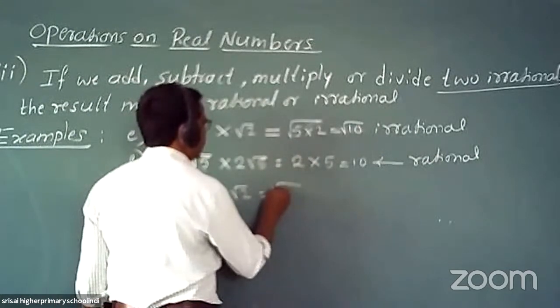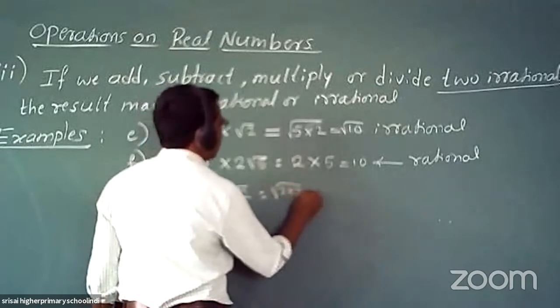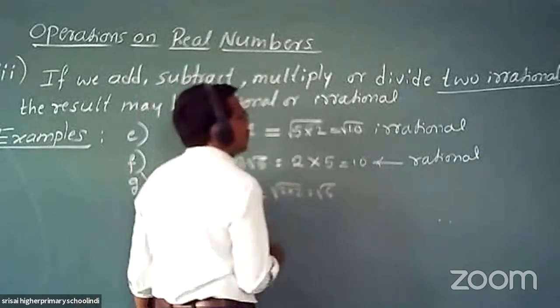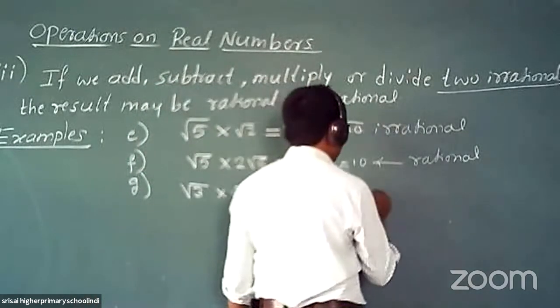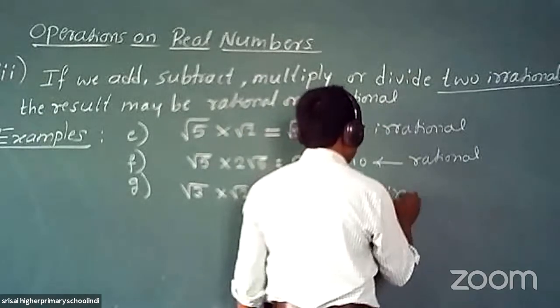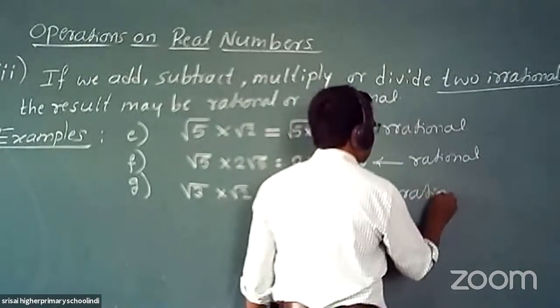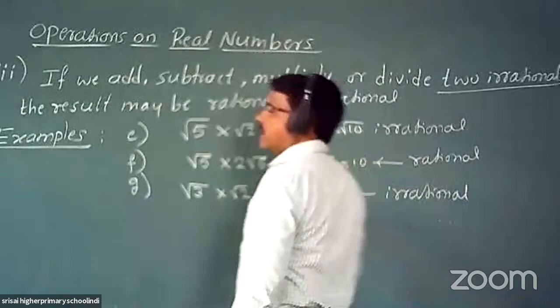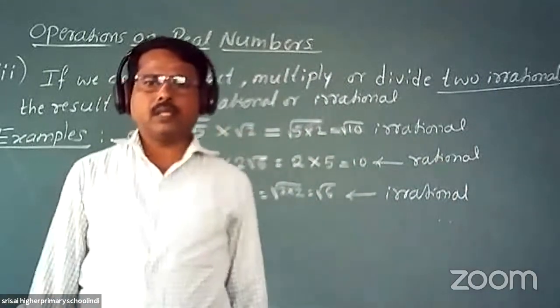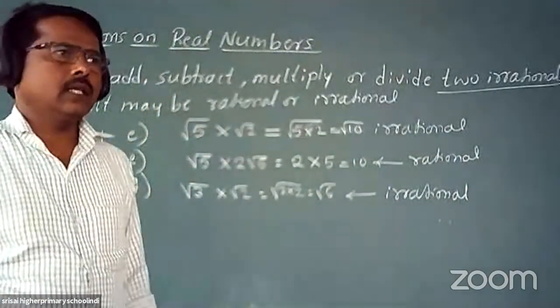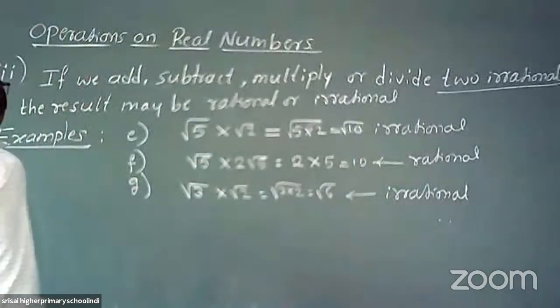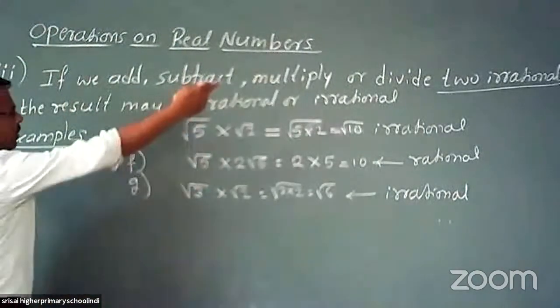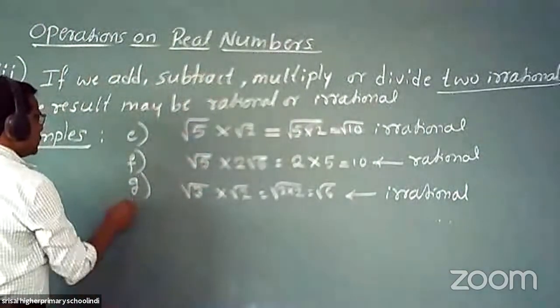Square root of 3 into 2 becomes square root of 6. Square root of 6 is also irrational. That is, if you multiply two irrational numbers, you may get rational or irrational. Then about division.